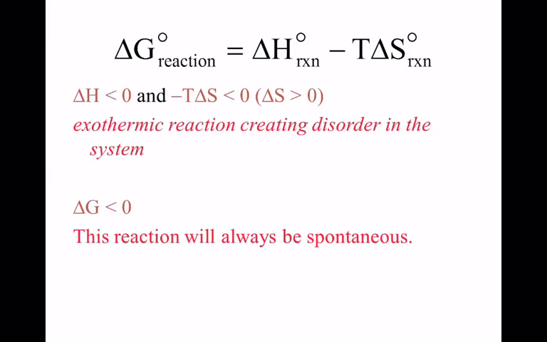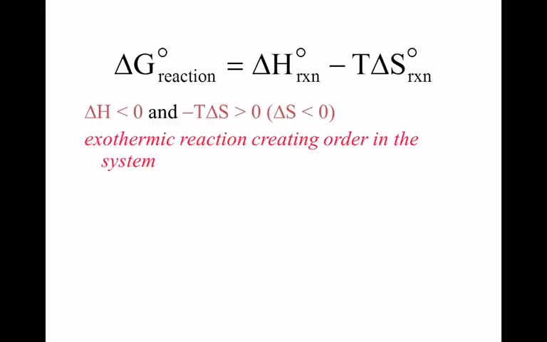So that's the first of 4 scenarios. Here's the next scenario. Let's say again you have an exothermic reaction. Your delta H is negative. But now your entropy is negative. Your delta S is negative. So this actually disfavors spontaneity.